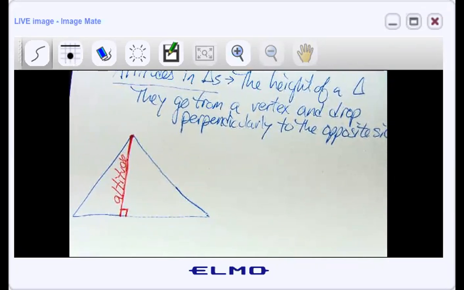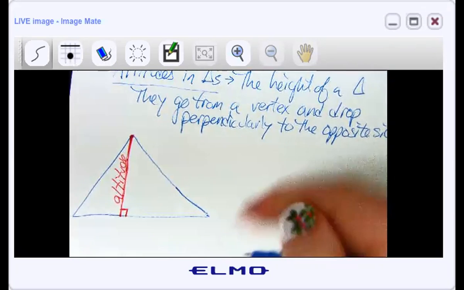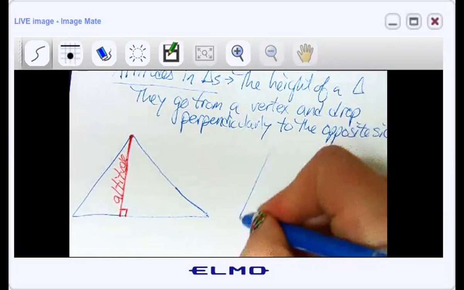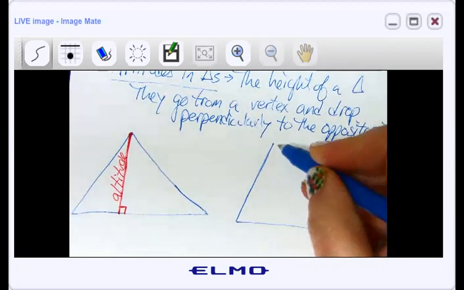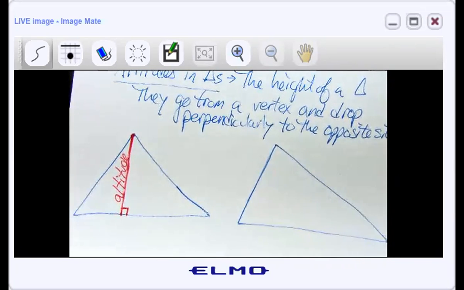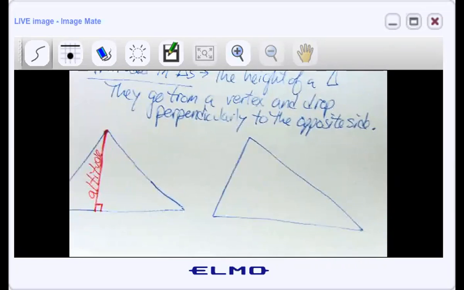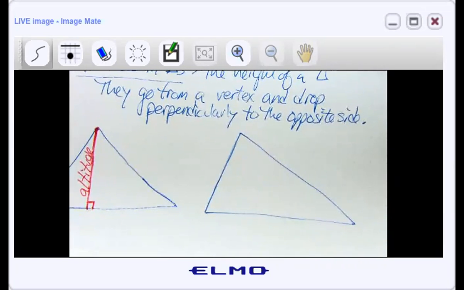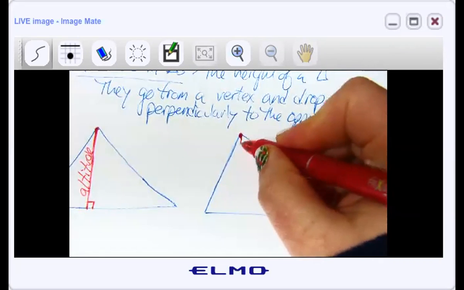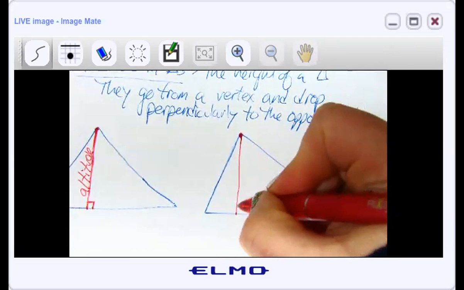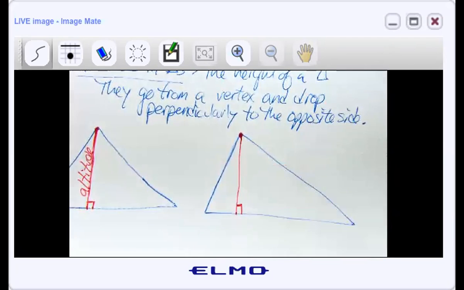All right, let me draw you another one. Maybe you have something like this. And then I could do the same thing if I just take that vertex and drop it straight down. So here is another altitude.